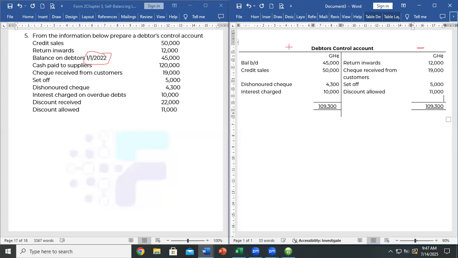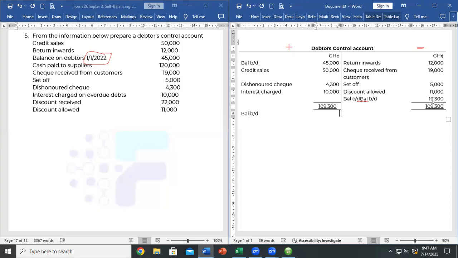That balance will be brought down. Balance brought down. Sorry, 62,300. So let me correct this figure. 62,000. And that's all. You are done with your contract.